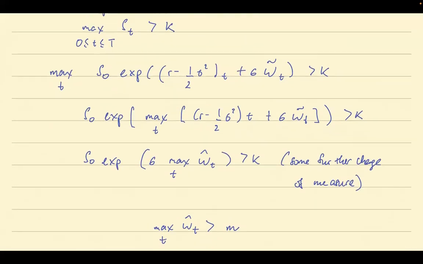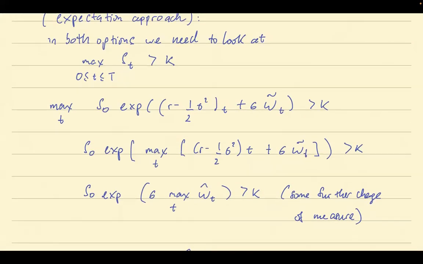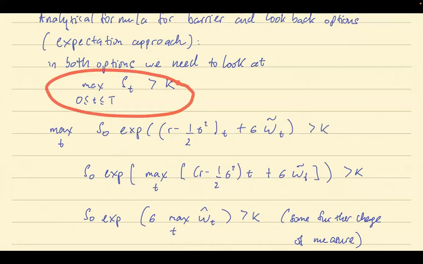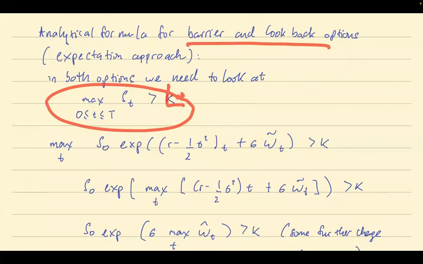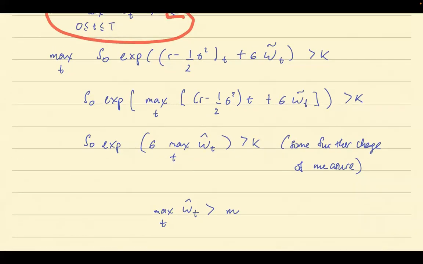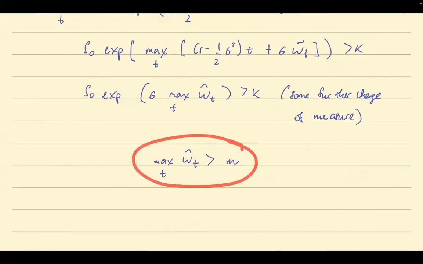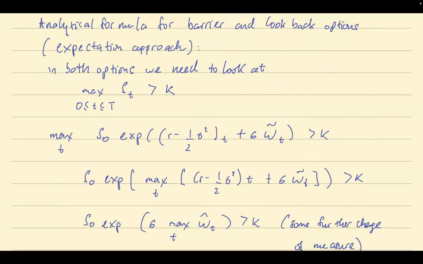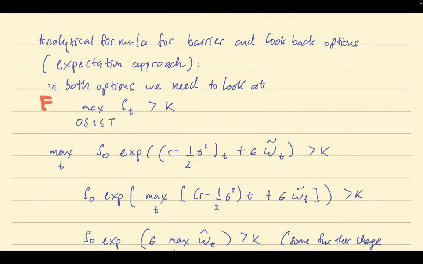Point being though, this very relevant event, whether it's K or L, doesn't matter, in both barrier and look back, can be simplified down to this, because we will have to do something like this, an expectation, or we have to do a probability.